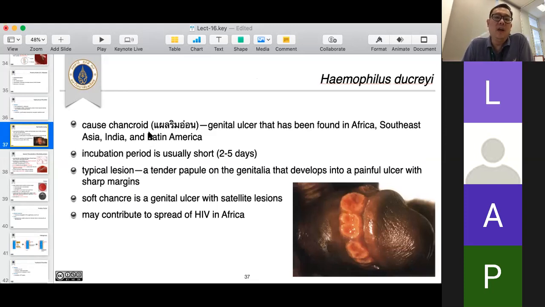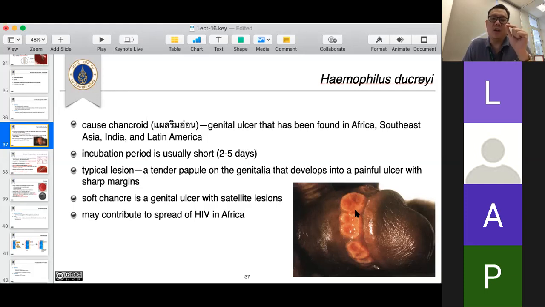Chancroid, ก็คือแผลริมอ่อนนะ, is a type of sexually transmitted disease that happens mostly in Africa, Southeast Asia, India, and Latin America. When we talk about chancroid, indeed you need to think about it because they get a lesion, and the edge of the lesion is soft.